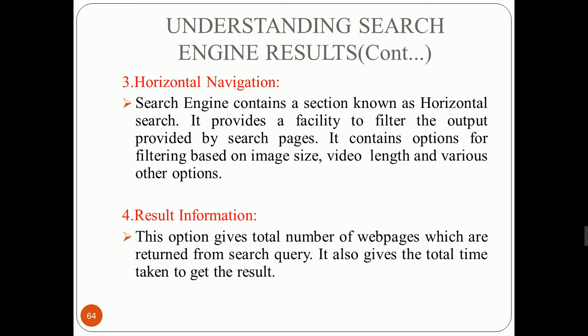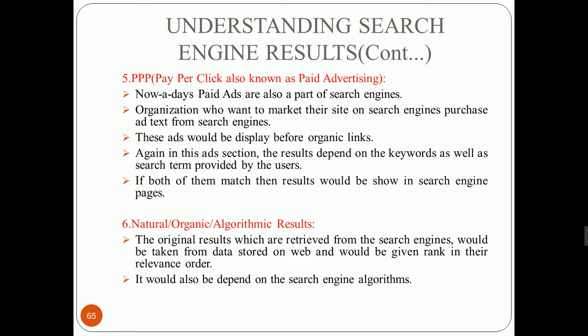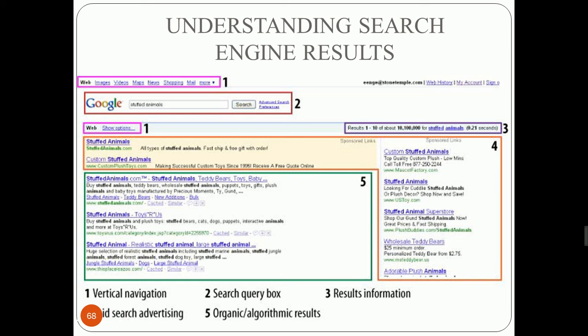After result information, this option gives the total number of web pages returned for the search query. It also gives the total time taken to get the result. So you will see the number of pages and how much time it has taken.